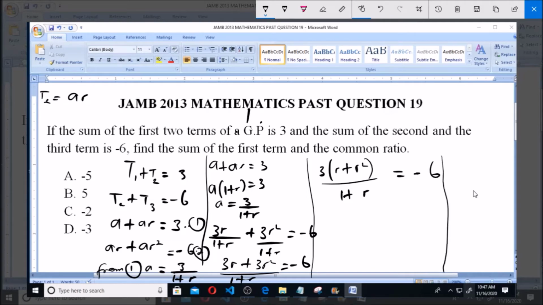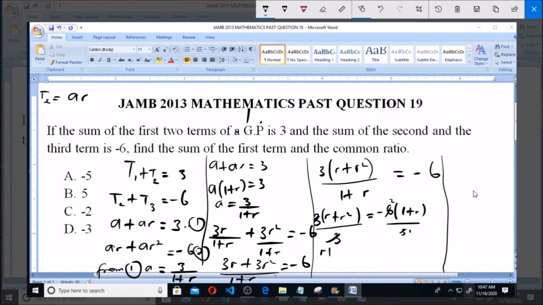Now let's cross multiply. By cross multiplying, we'll have 3 into R plus R square is equal to minus 6 into 1 plus R. Now let's divide both sides by 3. We cancel this 3, and this 3 here gives 1, and this 6 here gives 2.